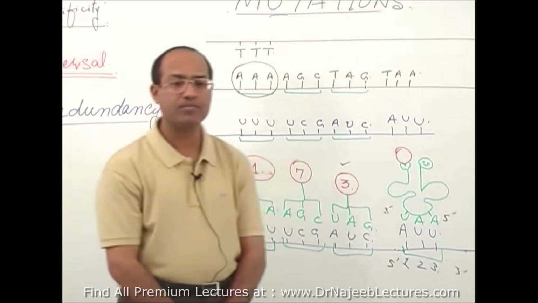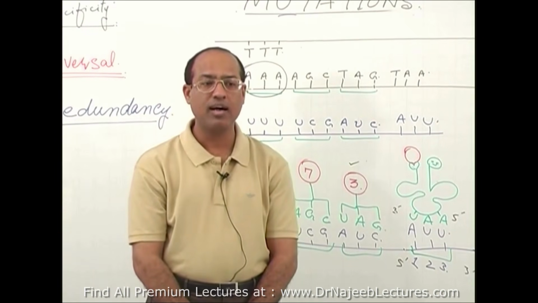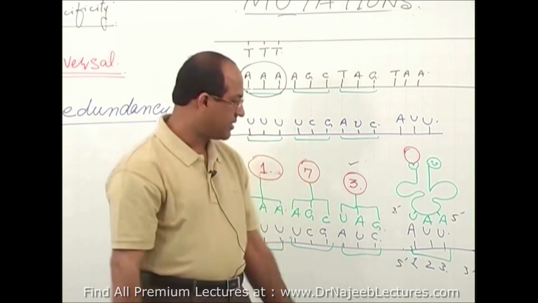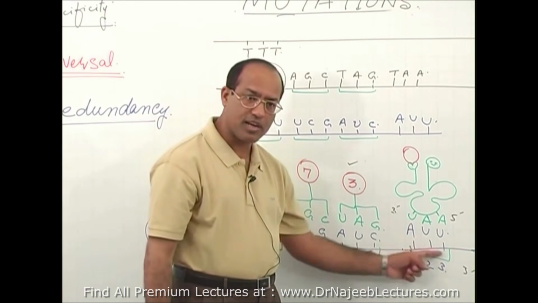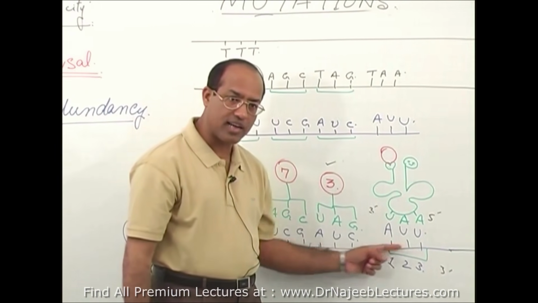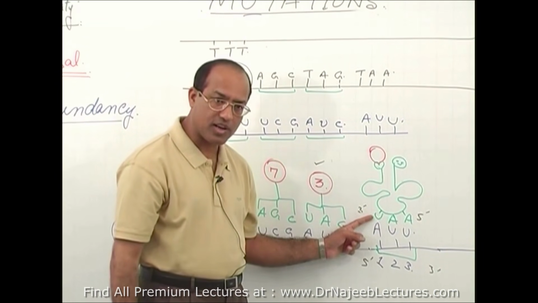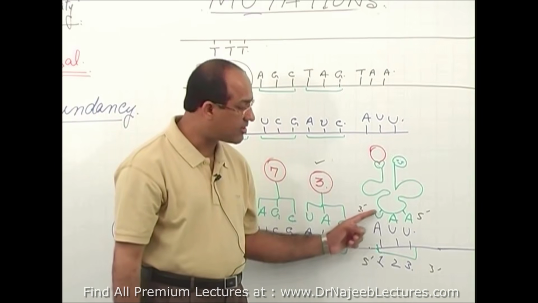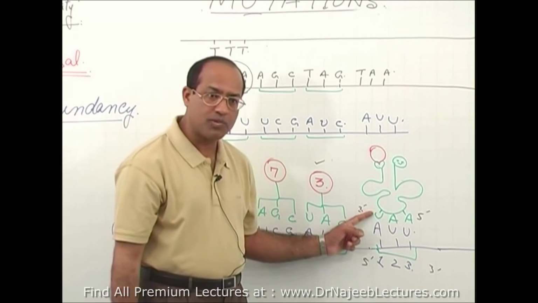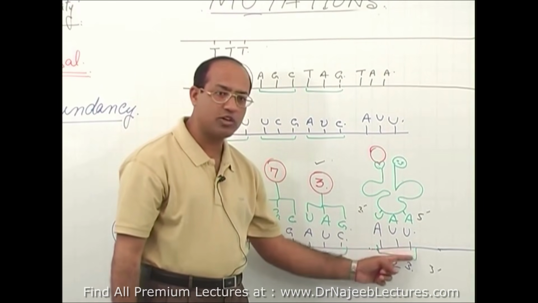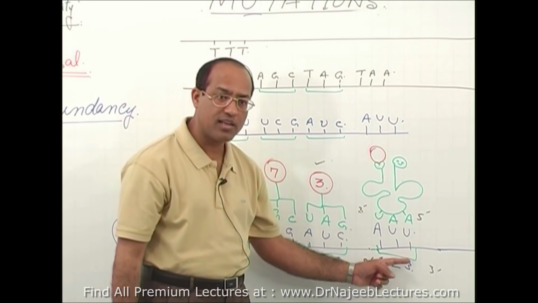Listen carefully to what I was talking about. Ideally speaking, what should happen? That all three bases of the messenger RNA should be fully complementary with the three bases of transfer RNA, or we can say all three bases of anticodon should be absolutely complementary to the three bases of codon of messenger RNA.